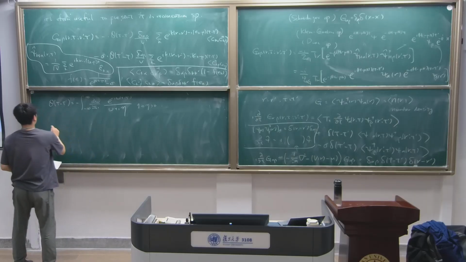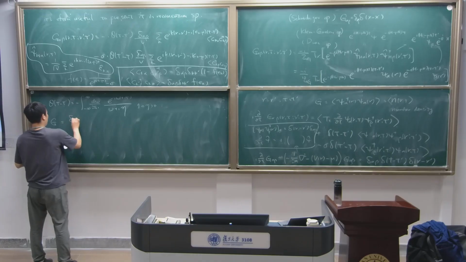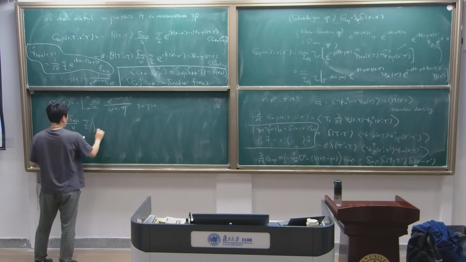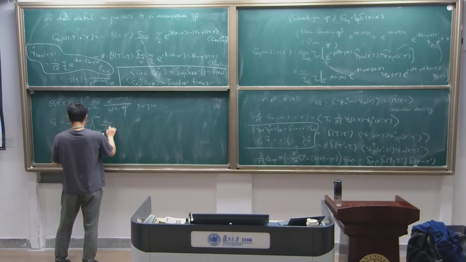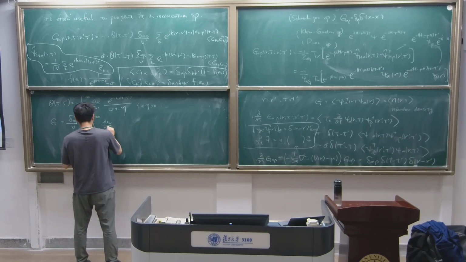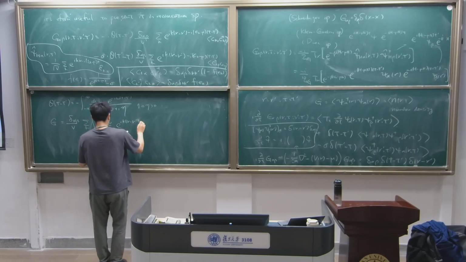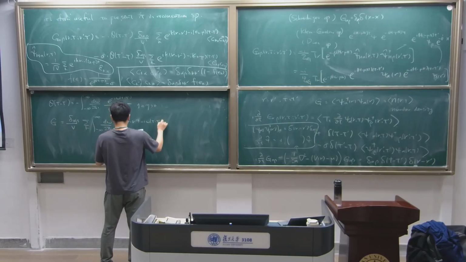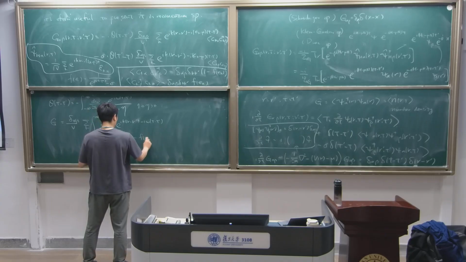So this Green function G is equal to delta of beta, and then one minus f of k.